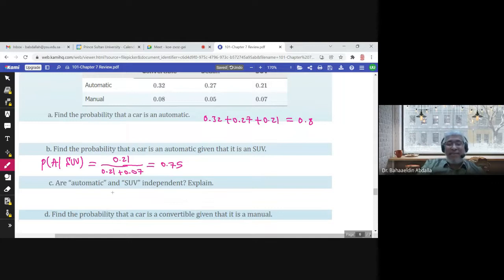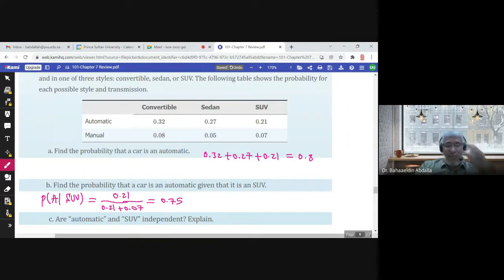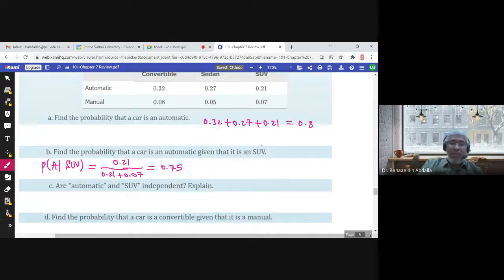Are automatic and SUV independent? Well, how to find out whether the two events are independent or not? This is automatic and this is SUV. I can use the answer here of part B. Probability of A, automatic, given SUV equals 0.75.